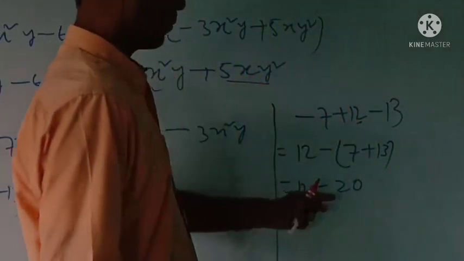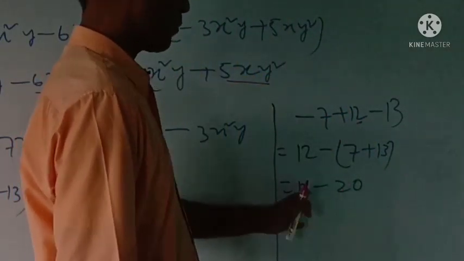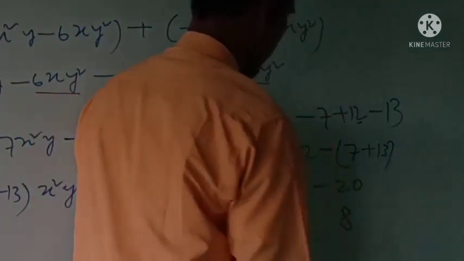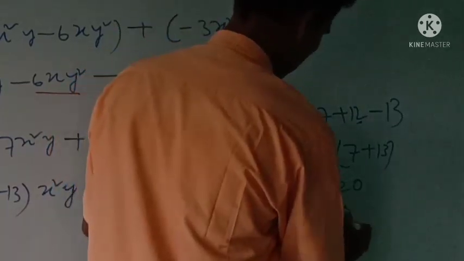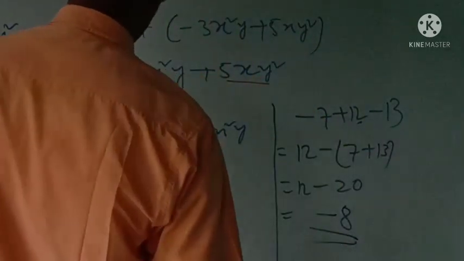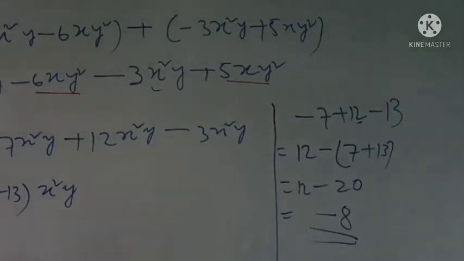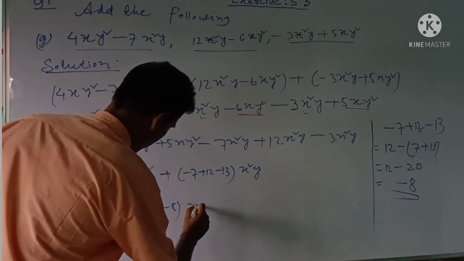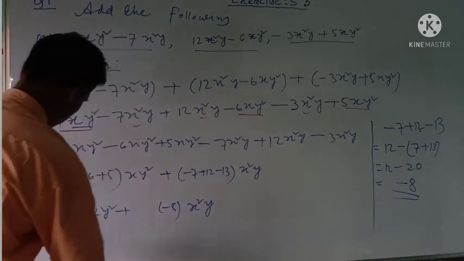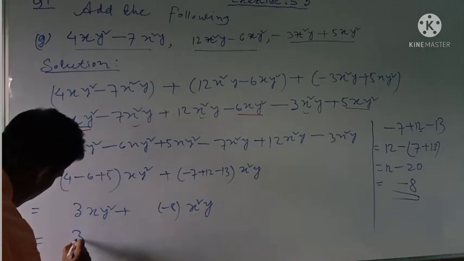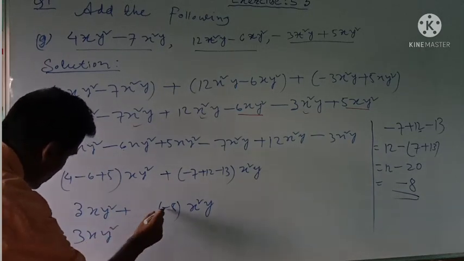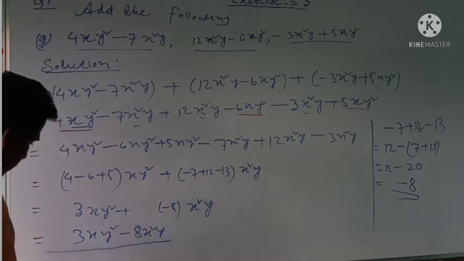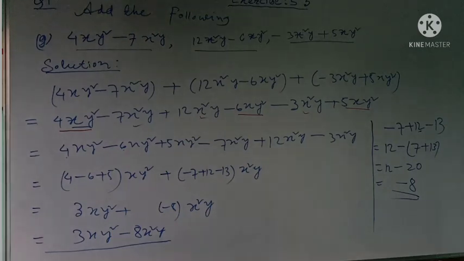It is not possible to subtract 20 from 12, so in reverse from 20 we'll subtract 12, we get 8, and the sign in front of the larger figure is negative, so we put minus 8. So I've got here minus 8 into x square y. Now in the following step we see 3xy square plus minus 8x square y. This is the solution for question number 1, sub question G.